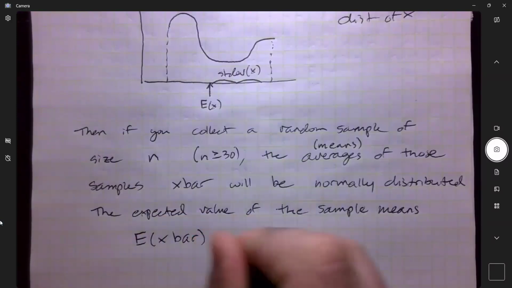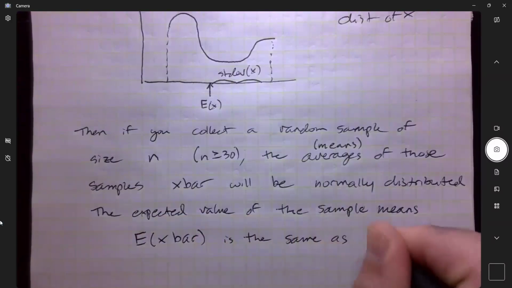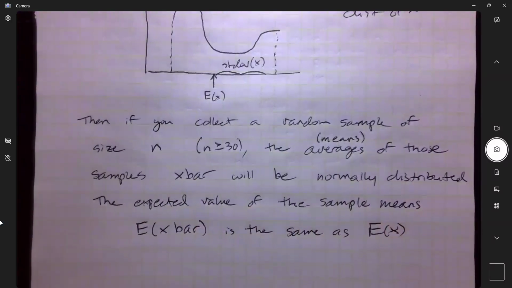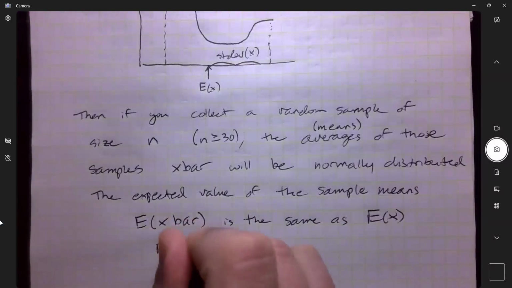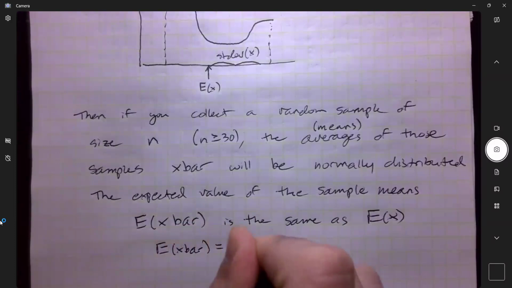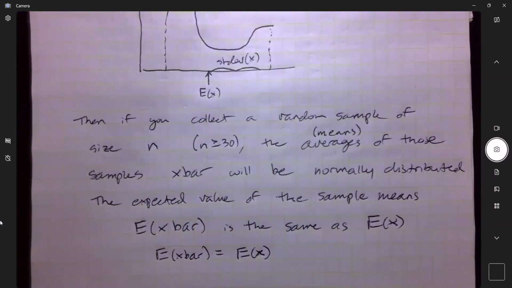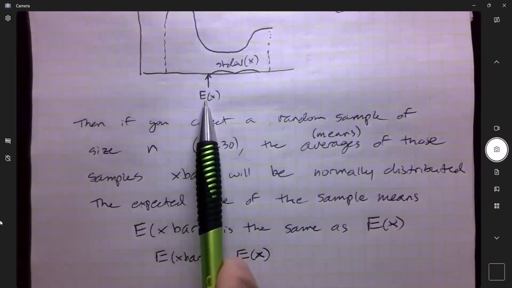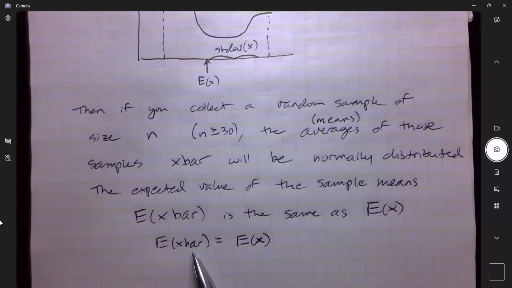That's going to be the exact same as the expected value of X. Expectation of X bar equals expected value of X. We saw that with our R example, where the expected value of the temperatures was 16.3, but also the expected value of the sample means was 16.3.